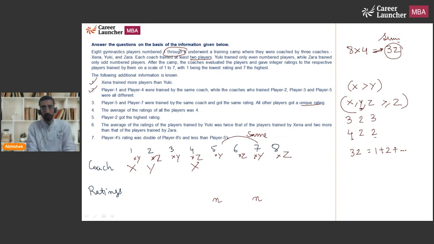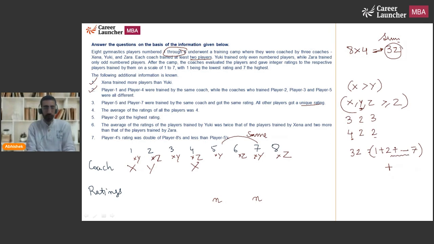I have 7 unique ratings, and one rating which matches one of these.